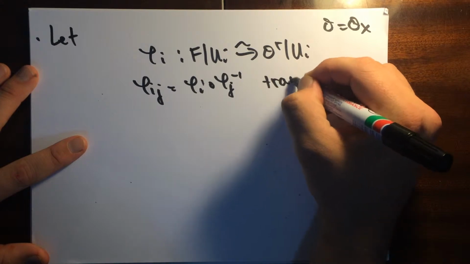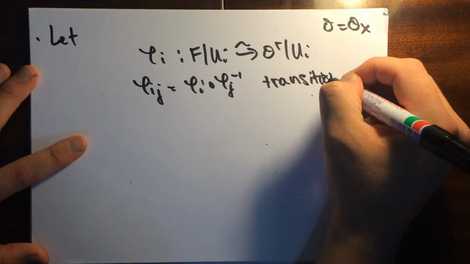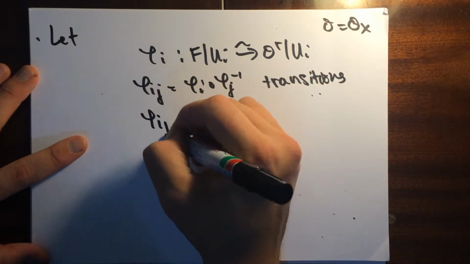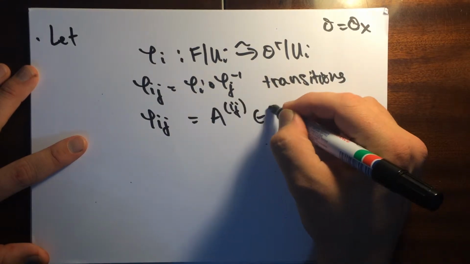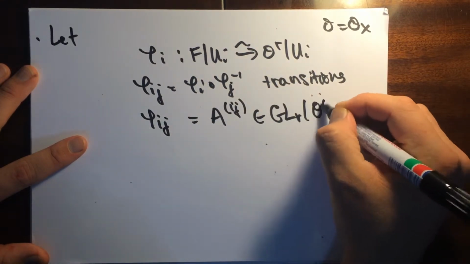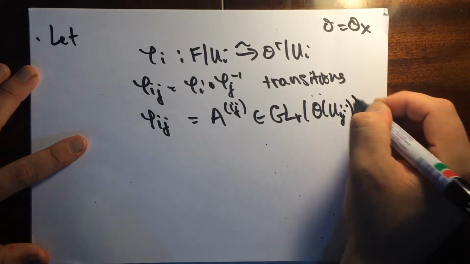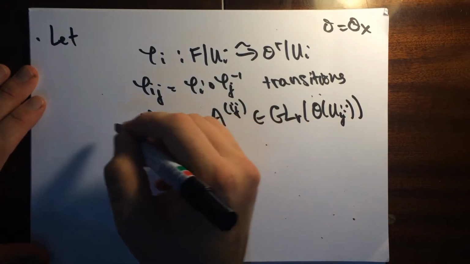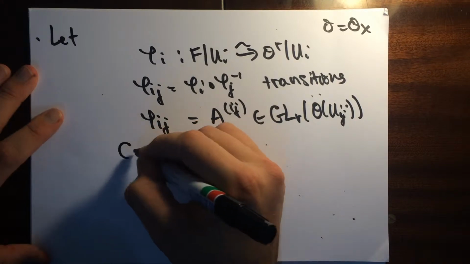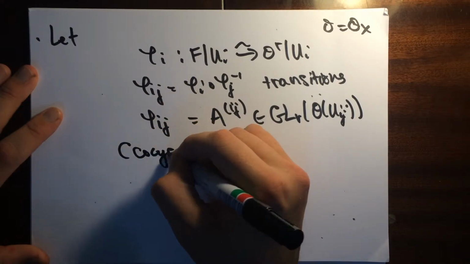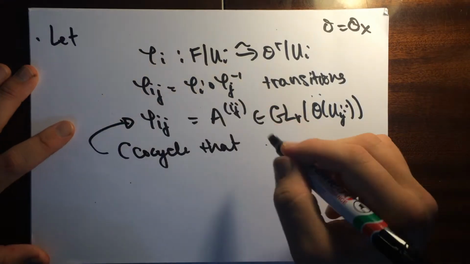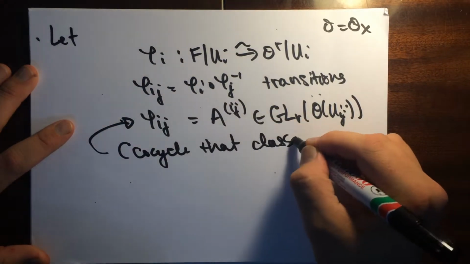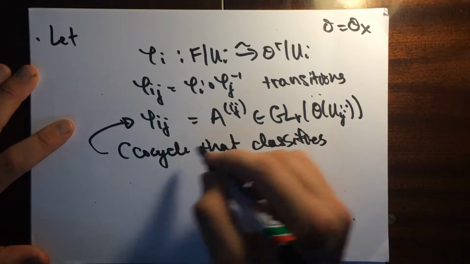These are transitions, and what I wrote down before is this is the cocycle that classifies F.